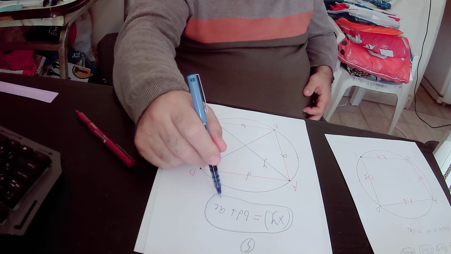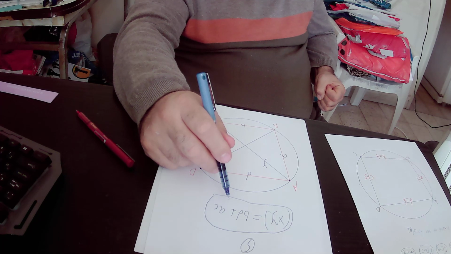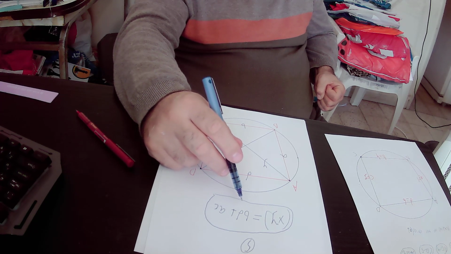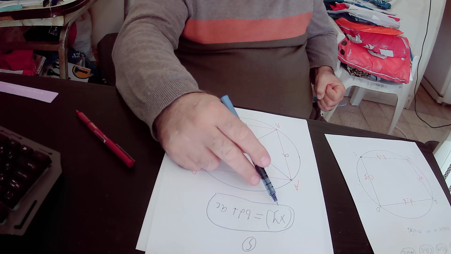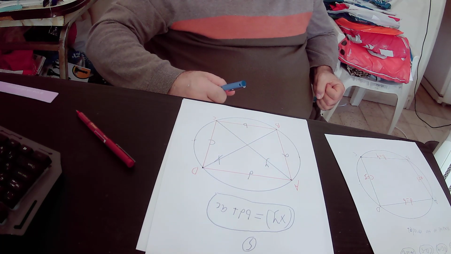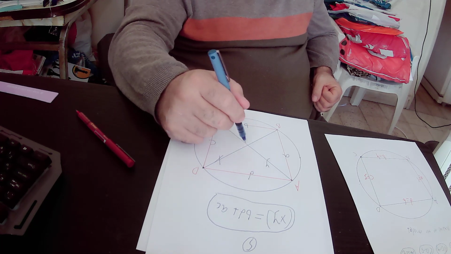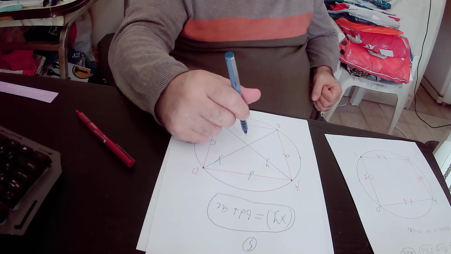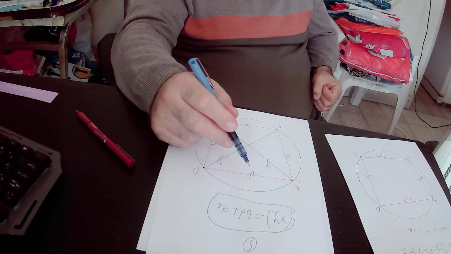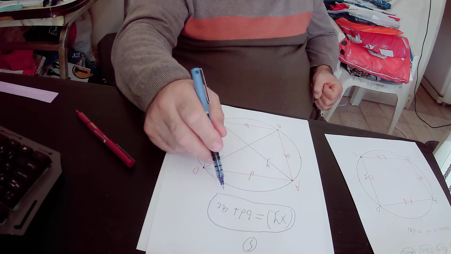That sum, BD plus AC, equals the product of its diagonals, that is to say it equals X times Y. The product of its diagonals is X times Y, and it equals the sum of the products of its opposite sides, BD plus AC.